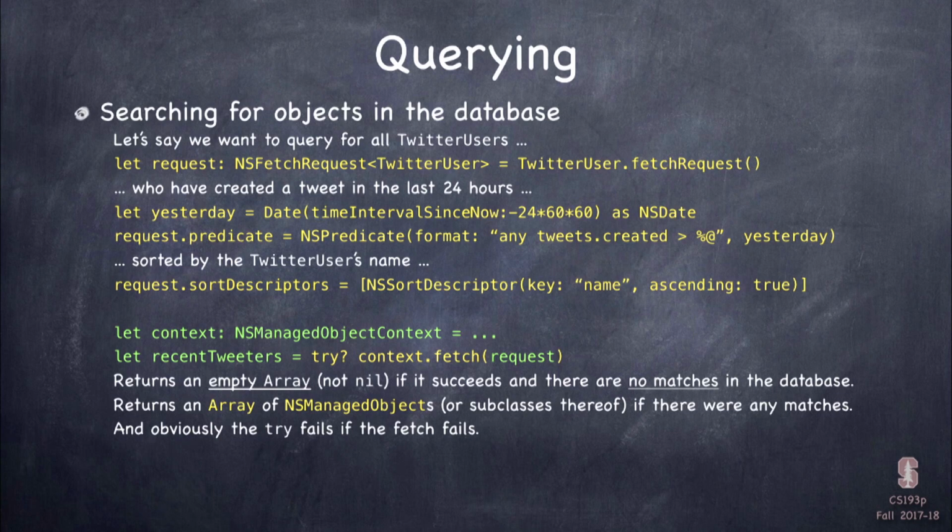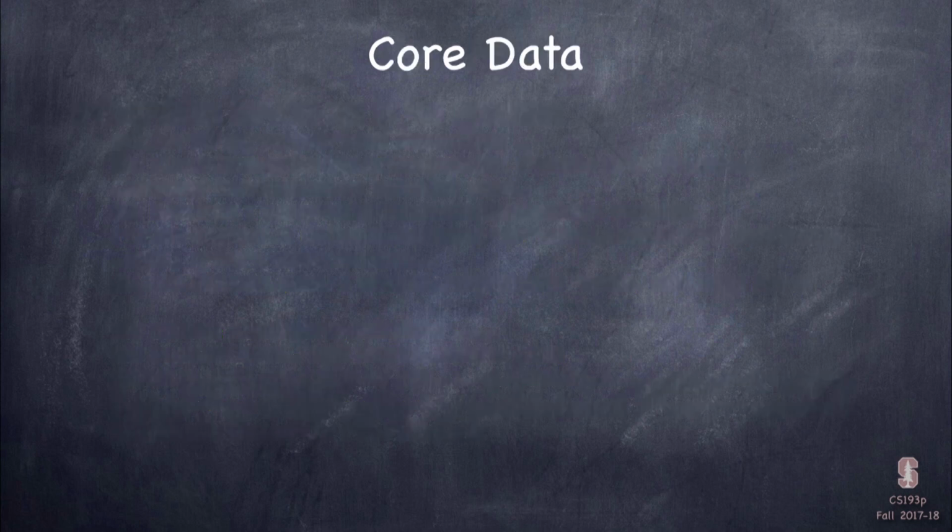Okay, and I'll have to catch it and figure that out. But otherwise, it returns an array of the objects. So it's really easy to query the database too. And it's using SQL to do that search, so it's super efficient. And even large values coming back, it's efficient about that as well. I can't really talk about how it does that, but it's also very efficient, even if huge things are returned.